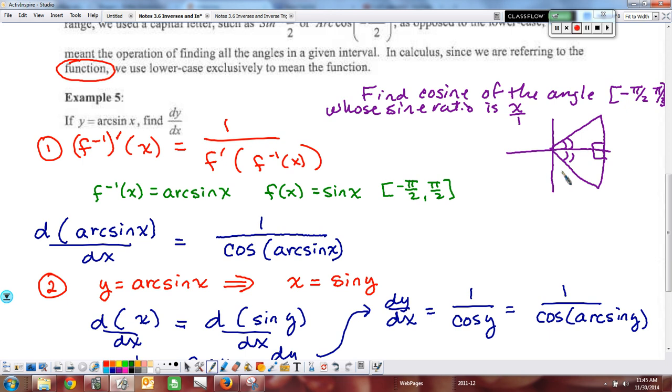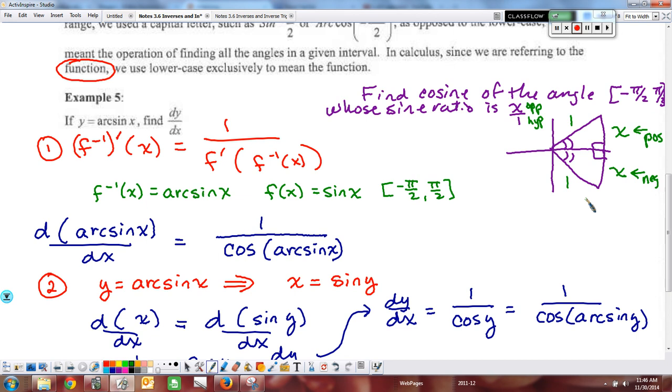When I do my sine ratio, opposite over hypotenuse, opposite would be x and hypotenuse would be 1, and down here, x and 1. It doesn't bother me that it's x and x. If x is positive, you would be in this triangle. If x is negative, you would be in that triangle. So x itself, positive or negative, will decide which of these triangles you use.